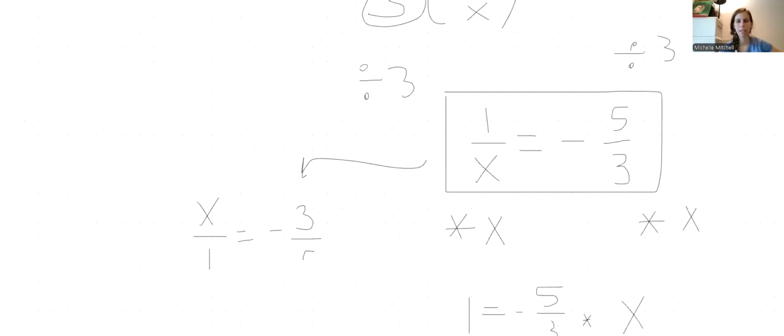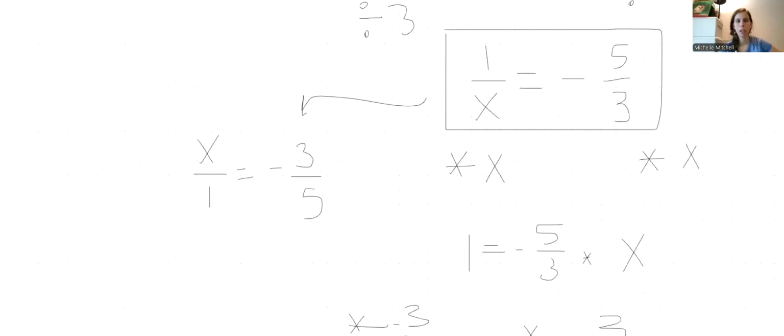Does that make sense? Does that seem rational, logical? You'd want to write it as x equals negative 3 over 5, not x over 1. Okay, so that's your answer here.